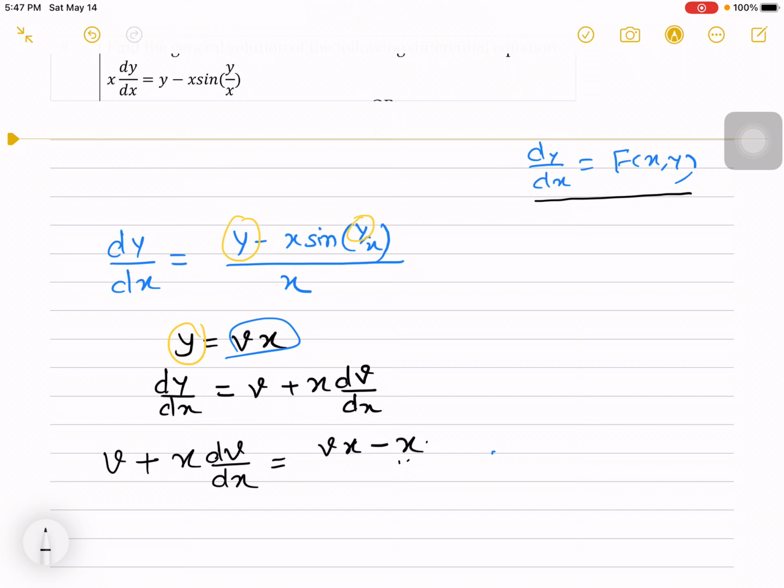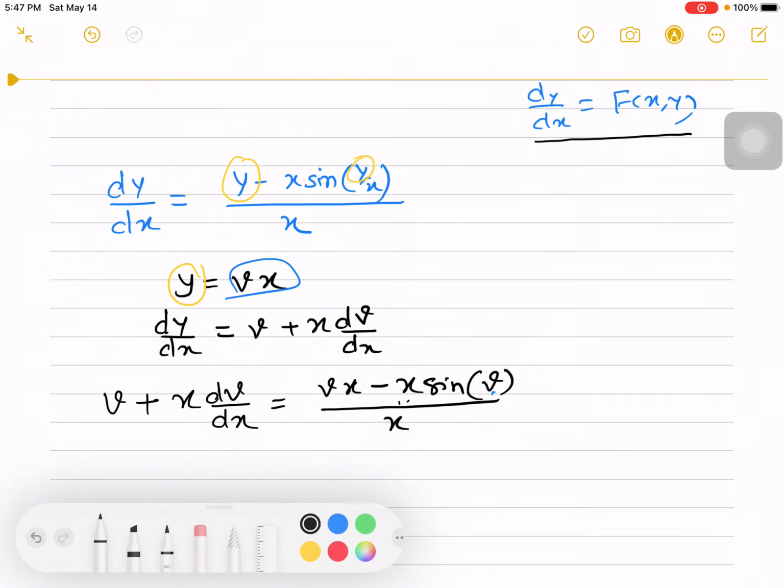So now after substitution we will get v plus x dv by dx is equal to vx minus x sin(vx by x), which means sin v, and again x will be removed from the right hand side, since x is common and it will be cut by the denominator.